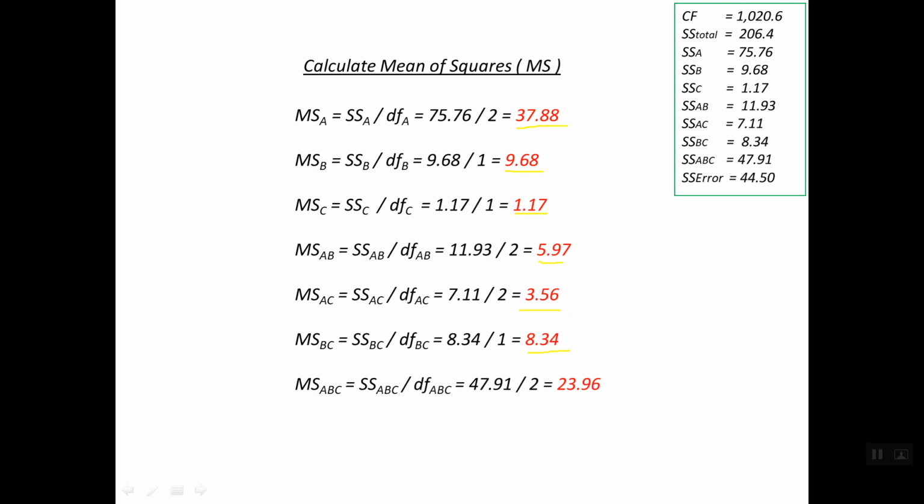And for all the three factors, it is 23.96. And for the error, this is the SS for the error, and this is the degree of freedom for the error. So this is the value of the MS for the error. We are interested here in this value, the MS for the error, in order to calculate for the value of F.